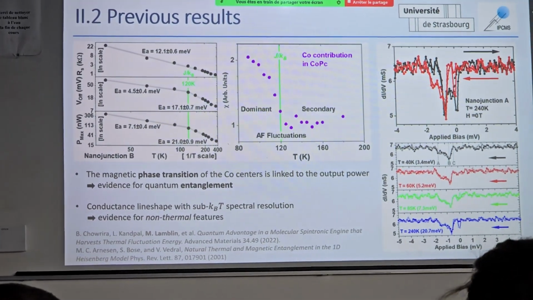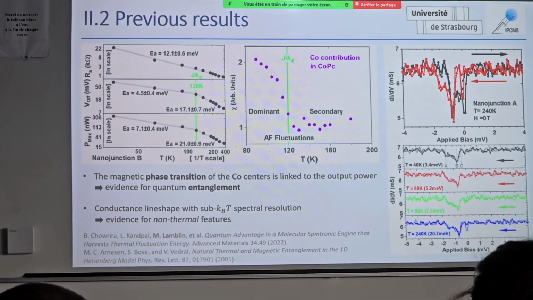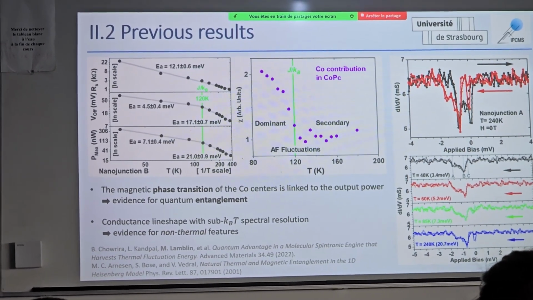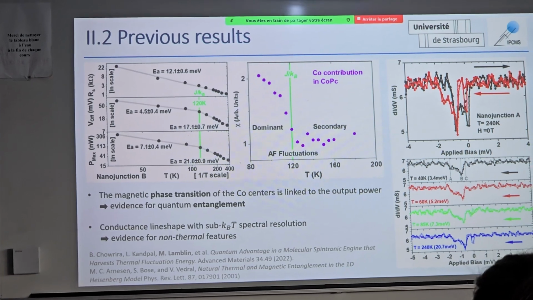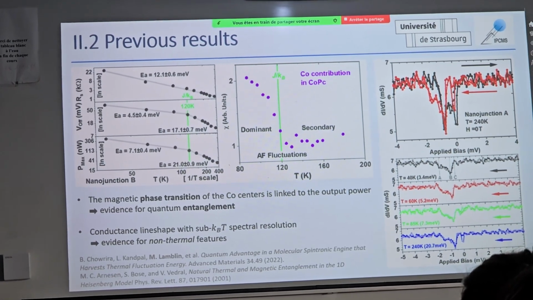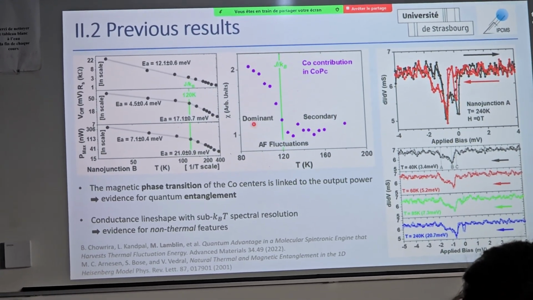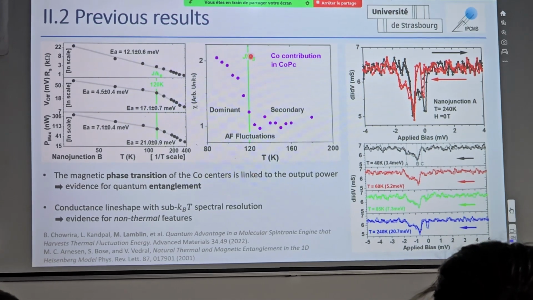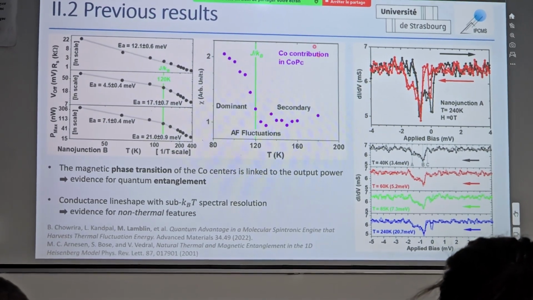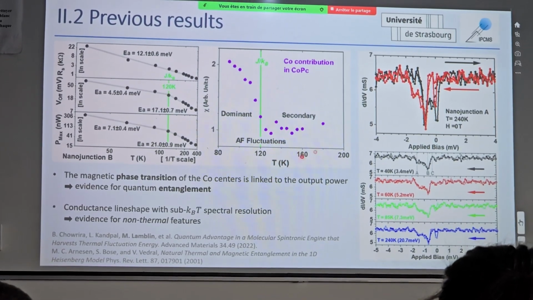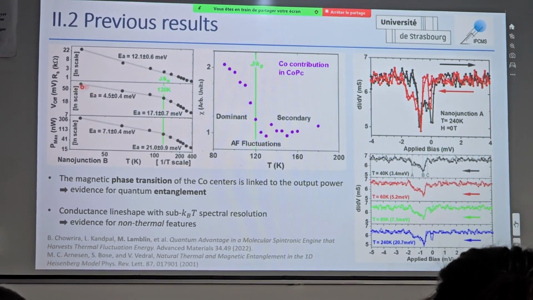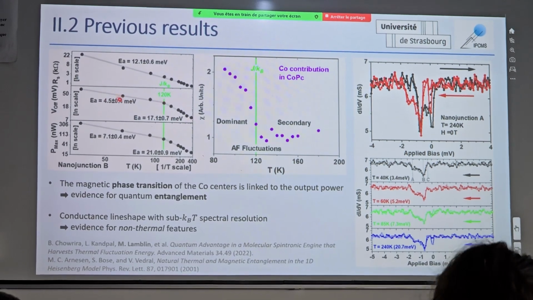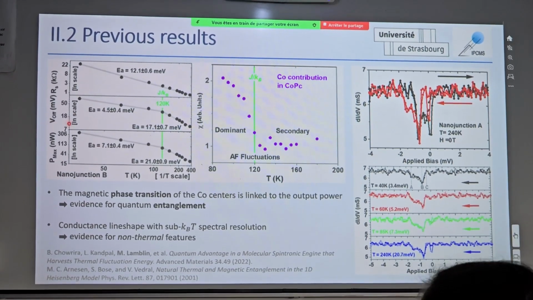Then additional experiments revealed that the variation of the engine power output was related to a magnetic phase transition of the cobalt center. And so indeed, the phase transition at 120 K that was observed in the electron spin resonance experiments corresponded nicely to a change in the power output slope you can see on this graph.